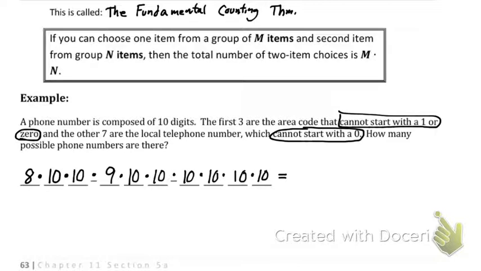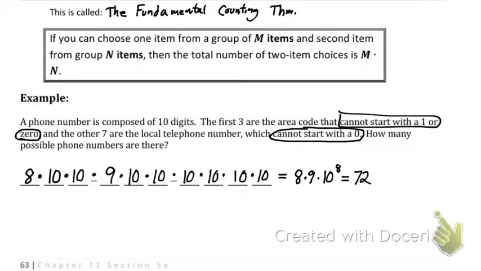So we have 8 and 9. Let's think of 8 times 9. Now, the rest are tens. We have how many tens? We have 1, 2, 3, 4, 5, 6, 7, 8. So I'm multiplying by 10 to the 8th power. The only real multiplication you need to do is 8 times 9, which would be 72.